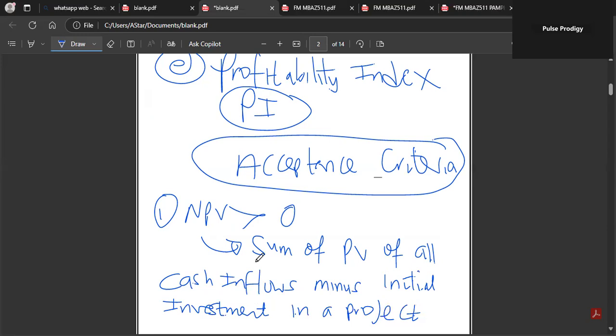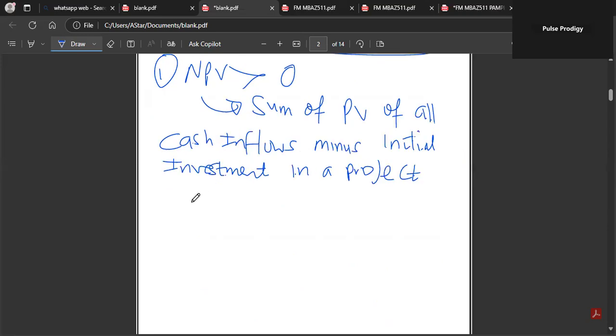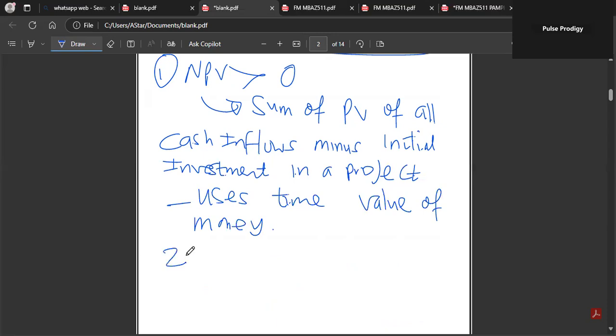And this NPV uses the time value of money. Of course, it uses the original cash flows as they come.